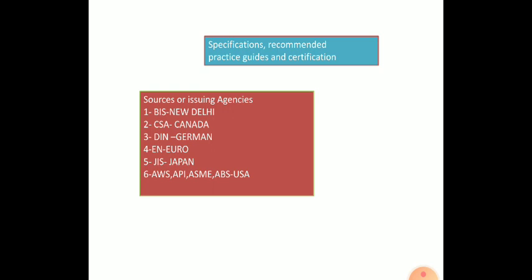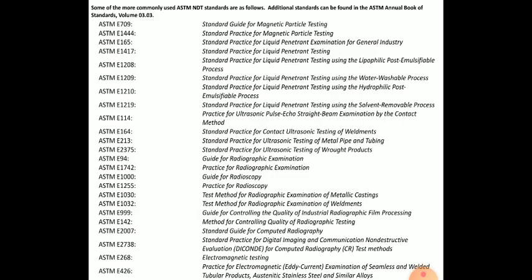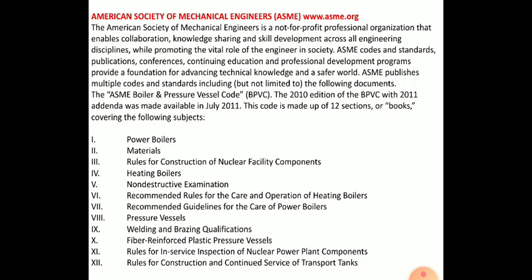Another institution from America is ANSI, the American National Standards Institute. We will talk about this in the next slide. We can see ASTM and ASNT, and we will come back to them later on. I am just showing how many standard institutions are aligned here.